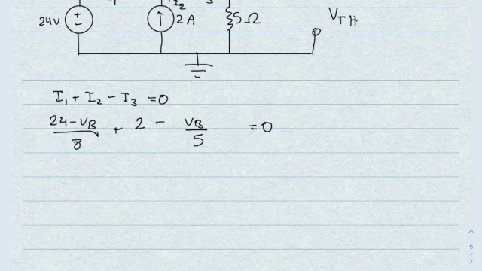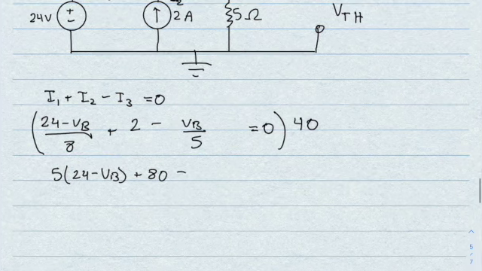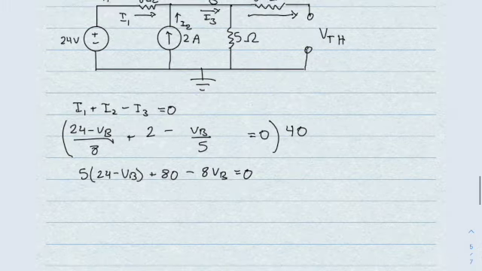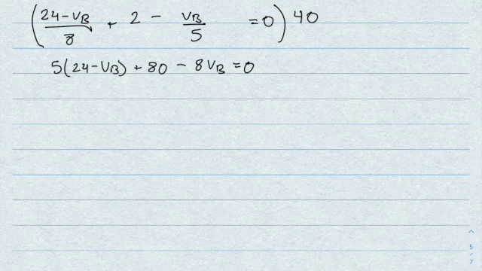And we can get rid of the 8 and the 5 by multiplying everything by 40, right? So 40 divided by 8 is 5. So 5 times (24 minus VB) plus 80 minus 8 VB equals 0. Okay, pretty convenient. All right, so let's distribute that 5.